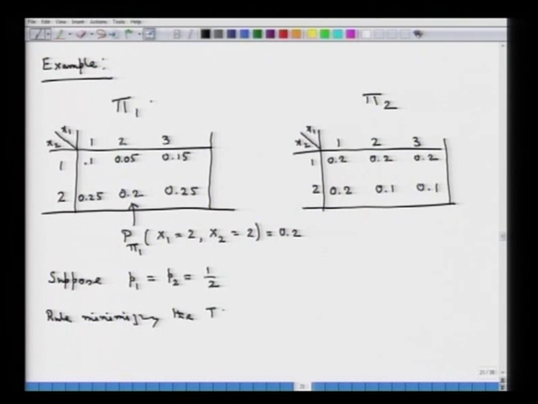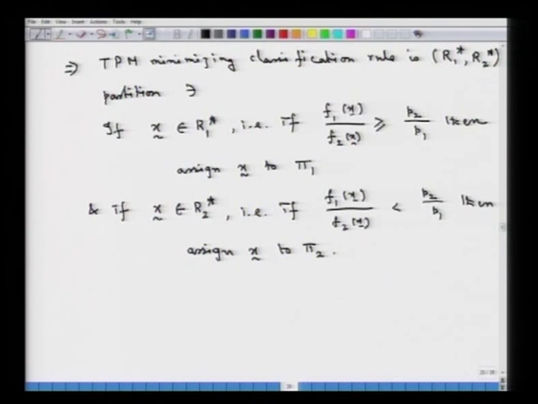Now, in such a situation the rule minimizing the total probability of misclassification is to assign x to pi 1 if x belongs to the R1 region in the previous notation. So, if x belongs to this R1 star, that is if f1x by f2x is greater than or equal to p2 by p1.